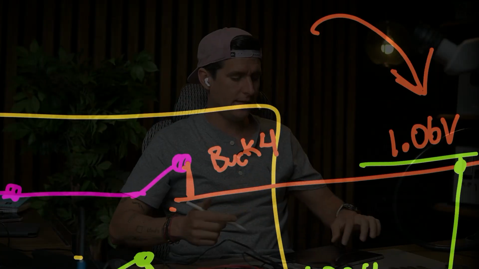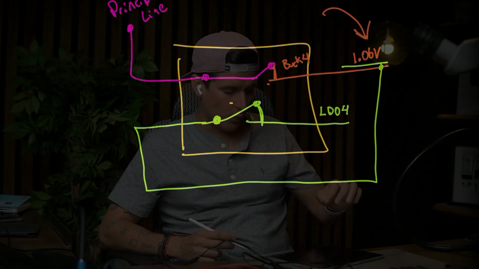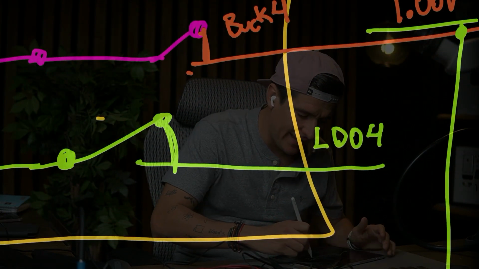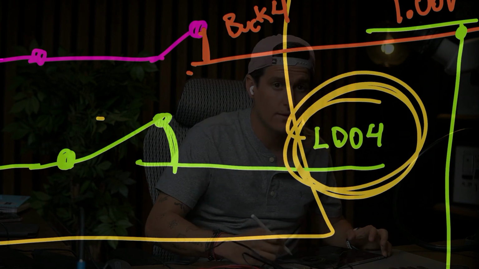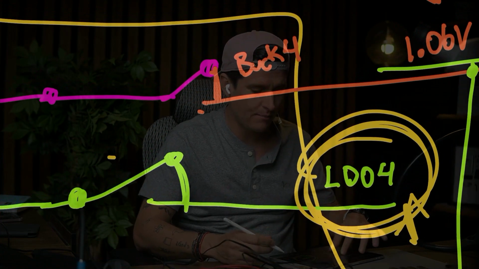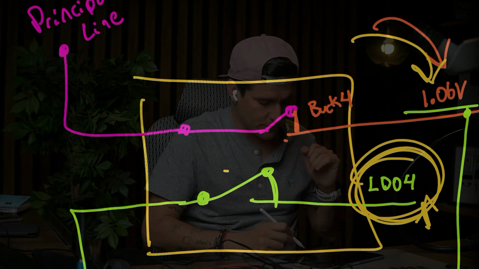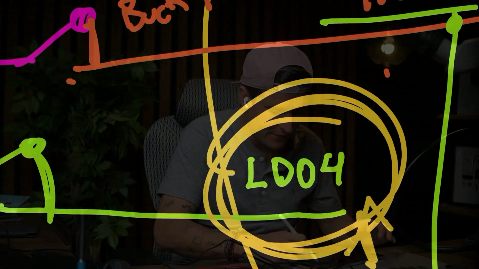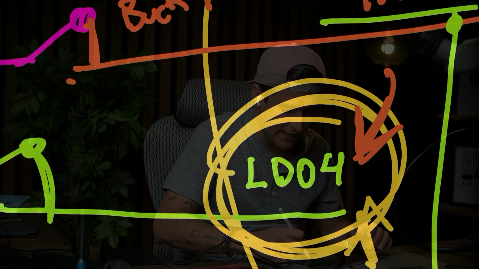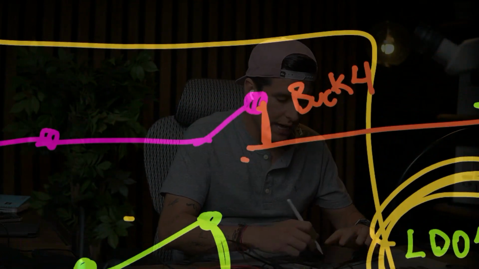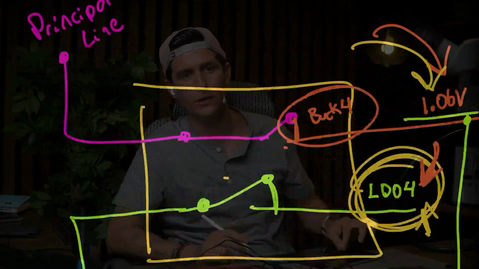But if we understand this, we can sometimes have a problem in the LDO, and we can have a problem in this buck. Or sometimes we cannot have this voltage, the LDO4, because we don't have the buck 4 working well.